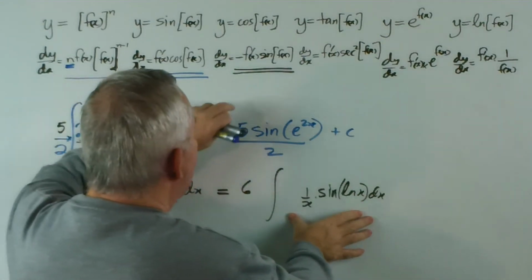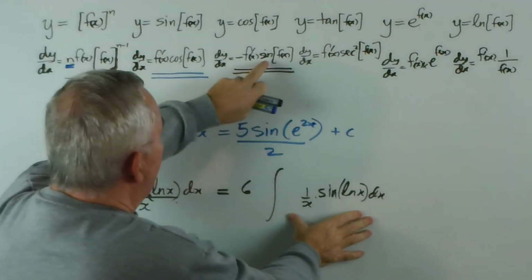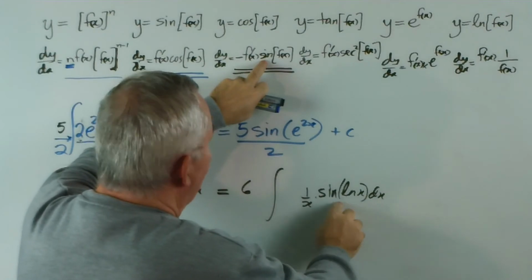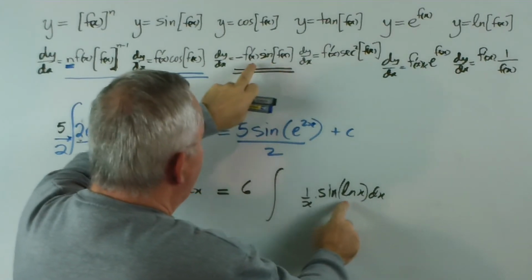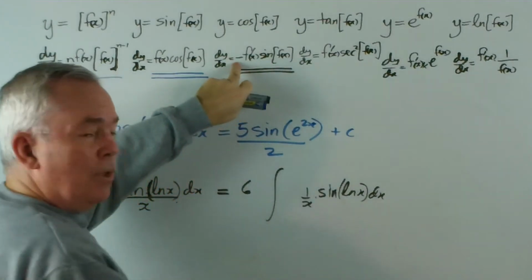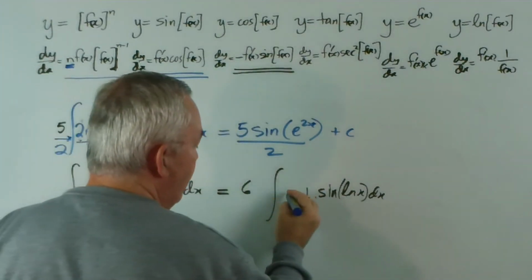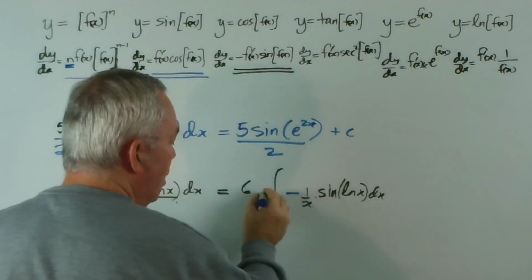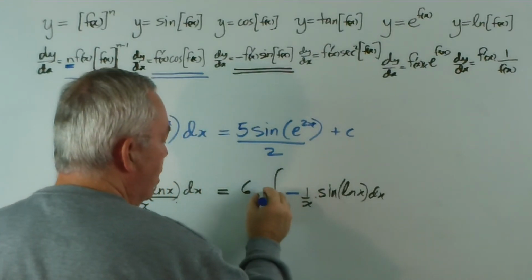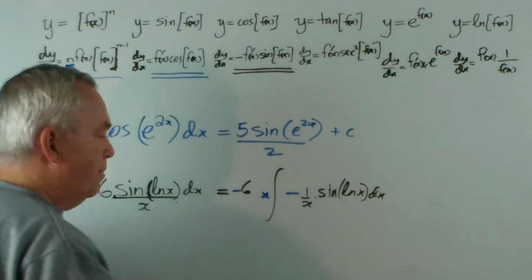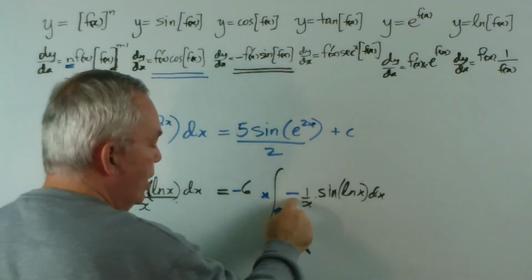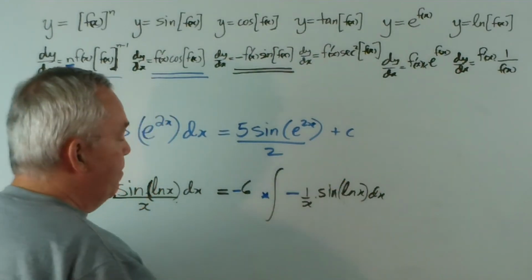Does this conform to the pattern? Well, we're integrating the sine. We've got sine of a function, and yes, the derivative is at the front. Oh, but we want a negative sign. If I want a negative in here, I must multiply by a negative from the outside. A negative 6 times a negative gives me plus 6.